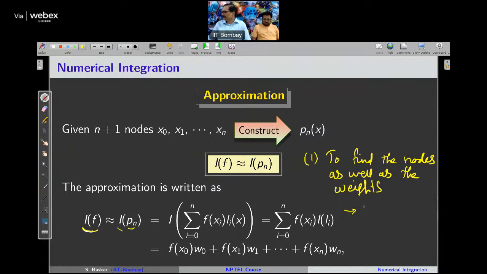Then that gives you what are called Gaussian rules. So we have covered both. When you go to do this, it's more useful to go for a method called the method of undetermined coefficients.